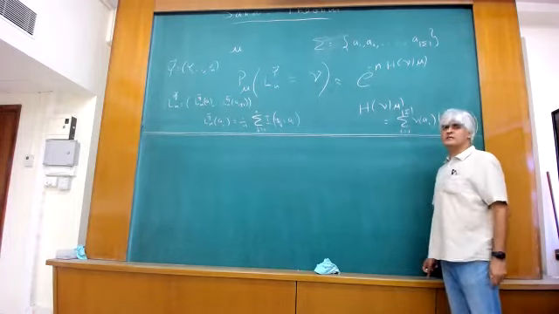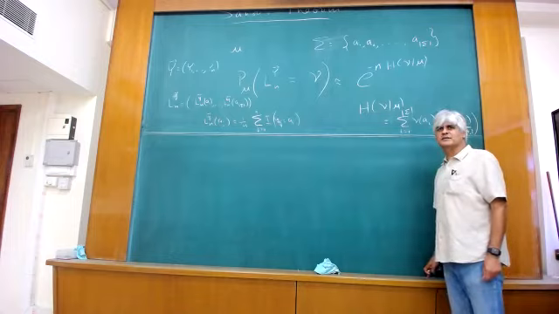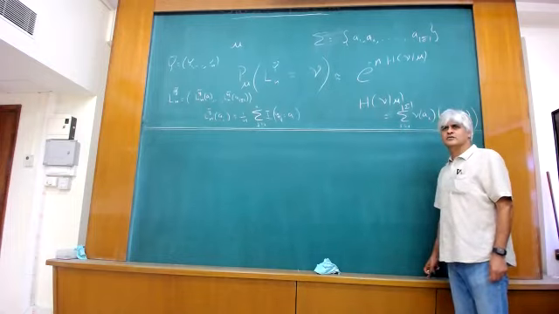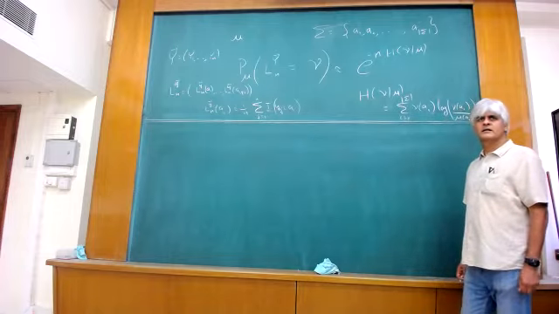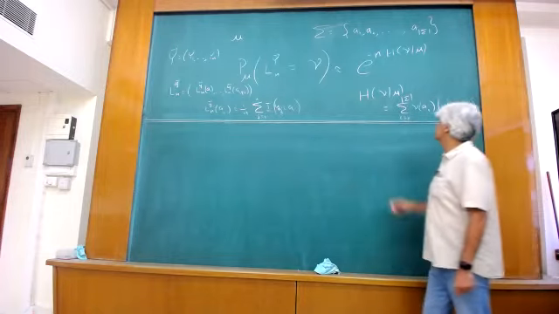Now, H(nu|mu) had better be non-negative for this to make sense. Why is it non-negative? Jensen.